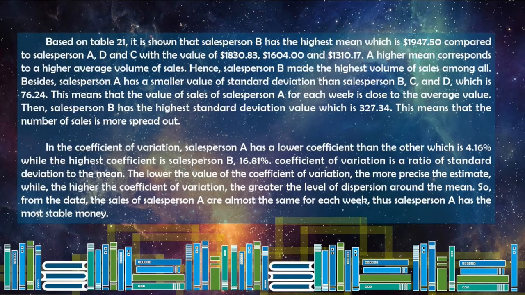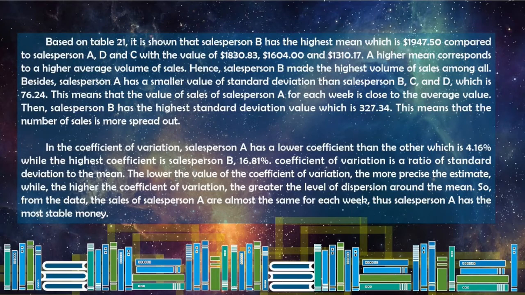This means that the sales are more spread out. In the coefficient of variation, salesperson A has a lower coefficient than the others, which is 4.16%, while the highest coefficient is salesperson B, which is 16.81%.